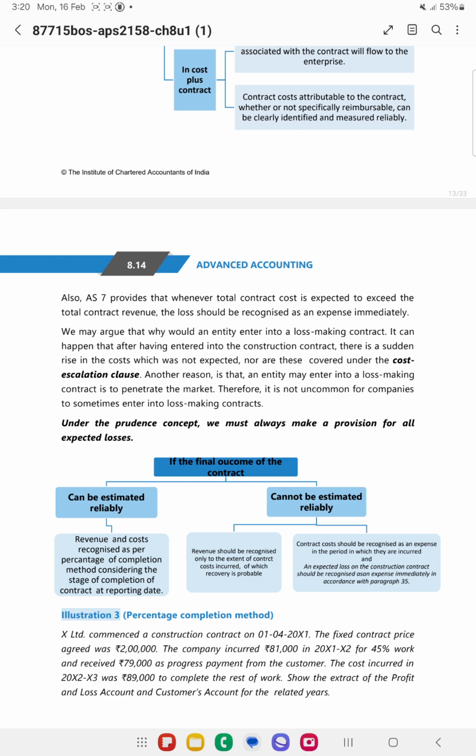They incur the loss because probably there is no escalation clause involved, or the amount made in the claim you cannot recover, or the company wants to penetrate into the market. For example, you are new to the market. Now you want to provide a good quality of services initially so that your brand is established.